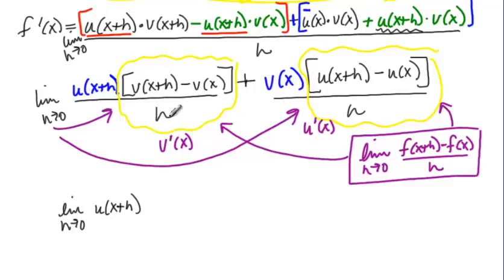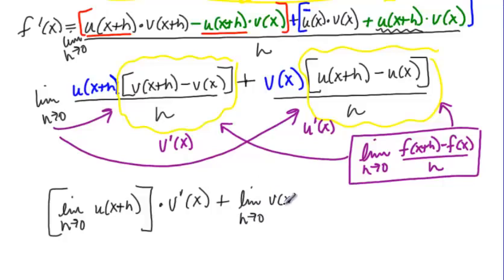That would give us the derivative of v, so that's going to be the limit there, times v prime of x, plus, we haven't applied the limit to this yet, so we need to apply the limit as h goes to 0 of v of x. However, we did apply the limit to this part highlighted here because that fits the definition, and that gets us our u prime of x.